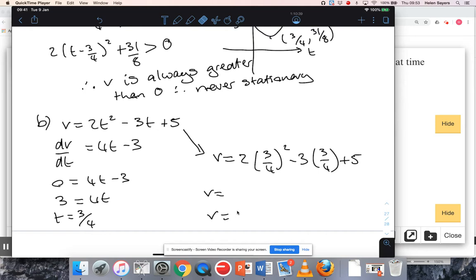That's what happens when you're rushing. Let me just double check that it does give us the right answer. 3.88. Yes, that's more like it. So sorry, that should have been 3.875, which would be 3.88 to 3 significant figures.